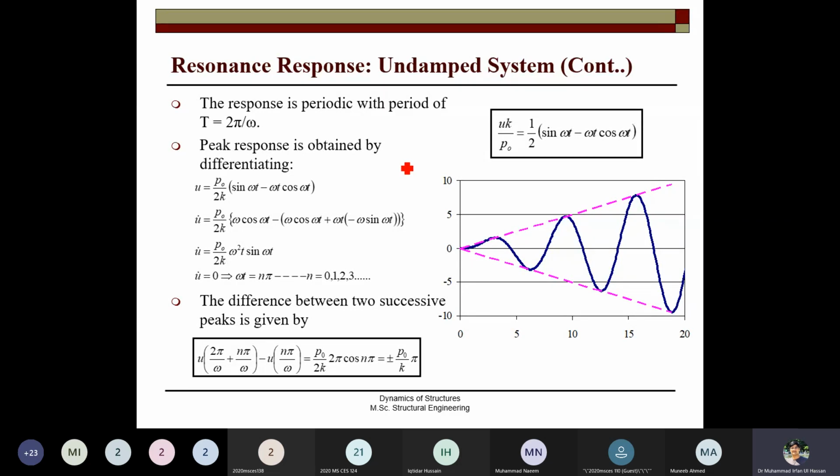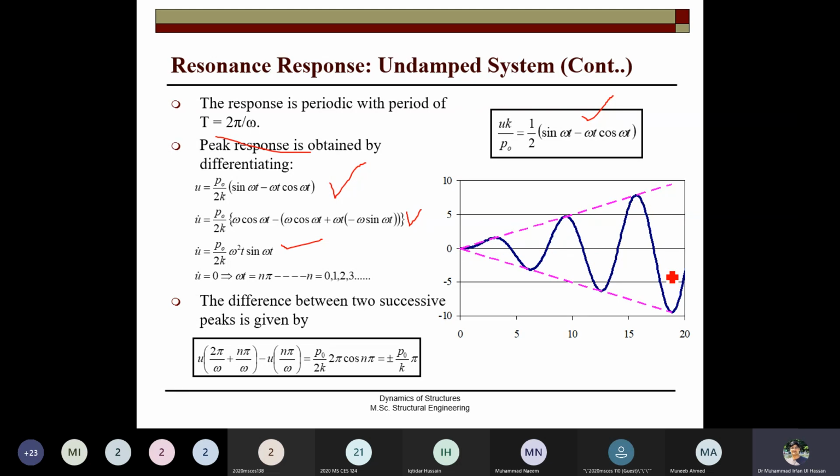The response is periodic with a period T equal to 2 pi over omega, and this is the response. You can see that this was the resonant response, and if you take time equal to 2 pi over omega and plot this response, the peak response can be obtained, and then the derivative of the response at the peak, and further simplifying it. So you can see that with every period of vibration, the amplitude keeps increasing.